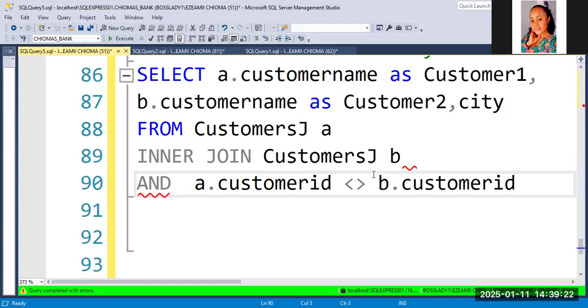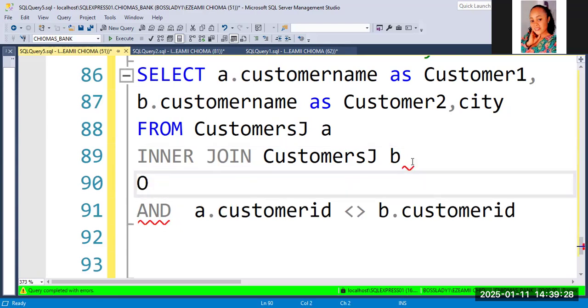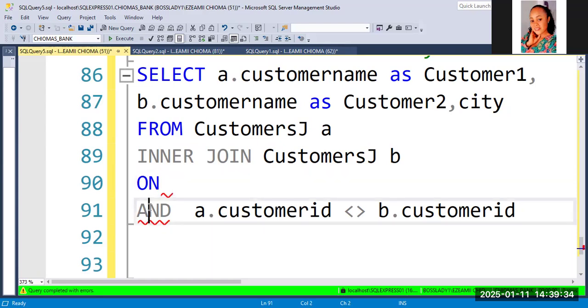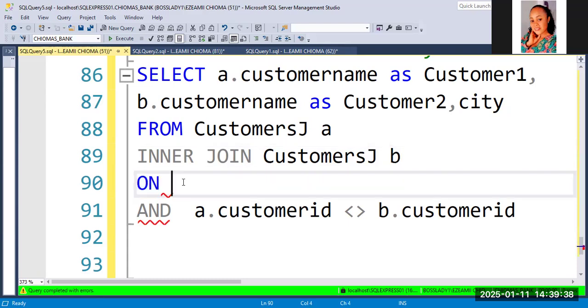Oh, sorry. I used the mouse to mention it without joining. So we didn't join. This is just to filter on our table. I didn't join on anything, that's why it's telling me there's an error here. So we have to join.